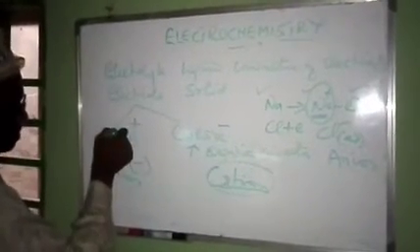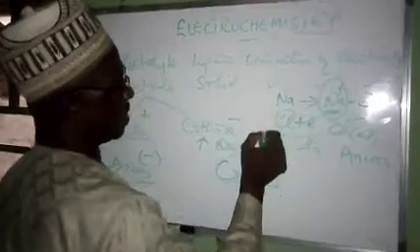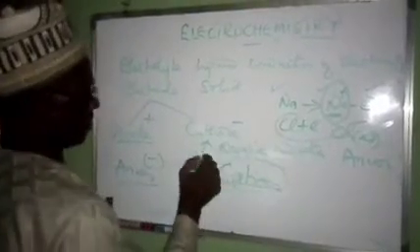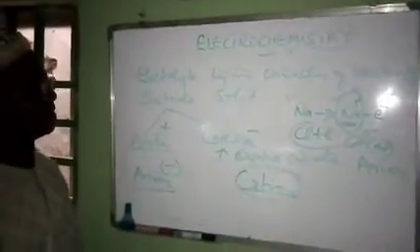So such ions, the negative ions that migrate to the positive electrode, are referred to as anion. An example is chloride ion. An example of cations is sodium ion.